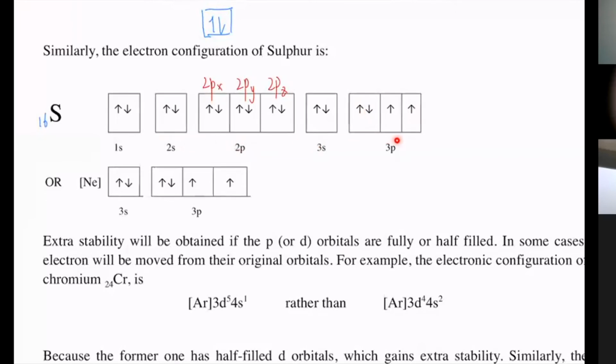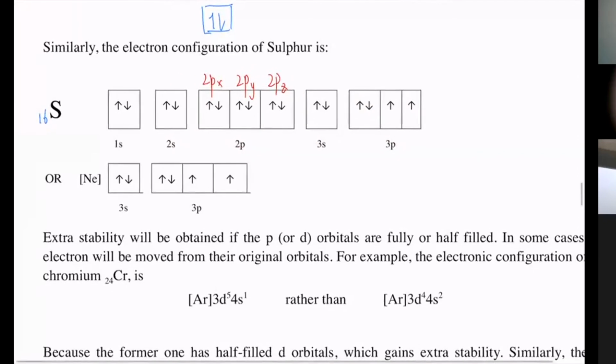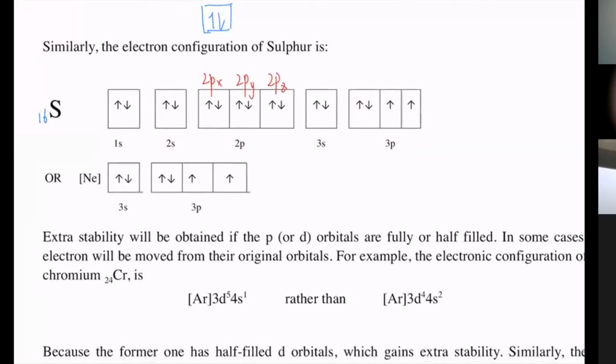That's a box notation. And another one is similar to what we have learned in grade 9. We can use the arrangement of the noble gas from the previous period. For example, sulfur is from period 3, so we could use neon to represent this part. So 1s2, 2s2, 2p6.